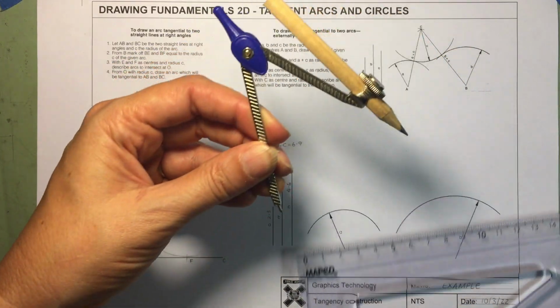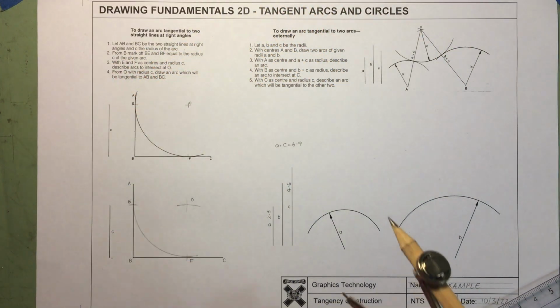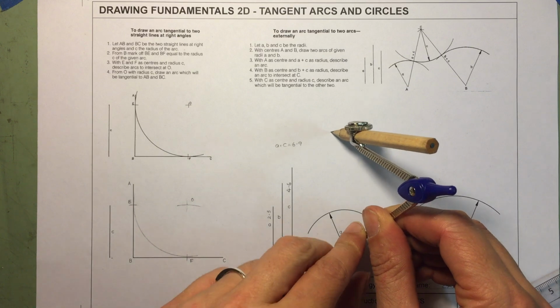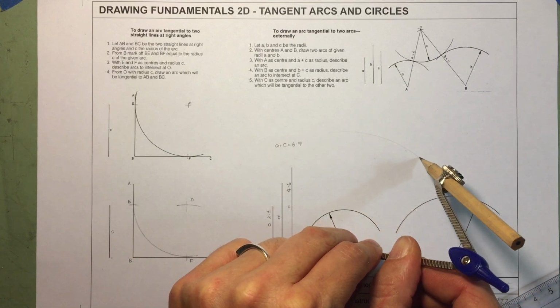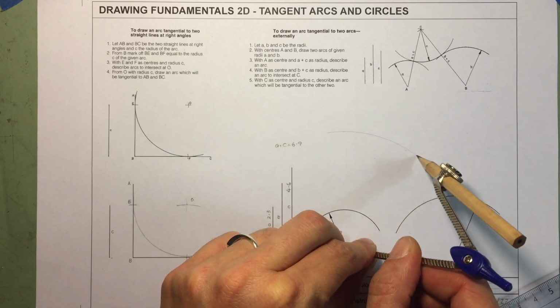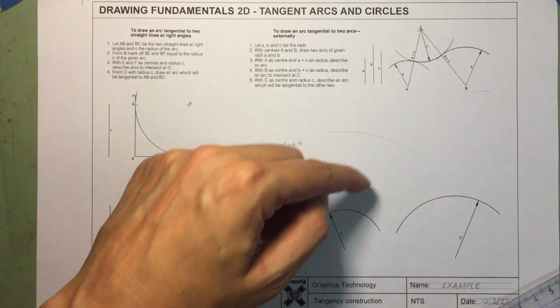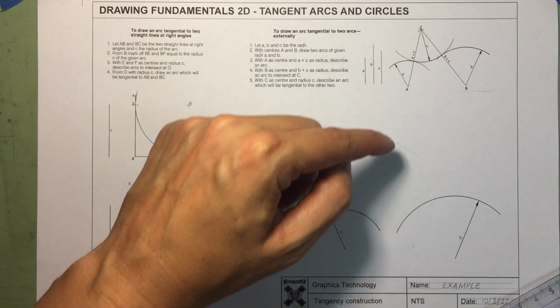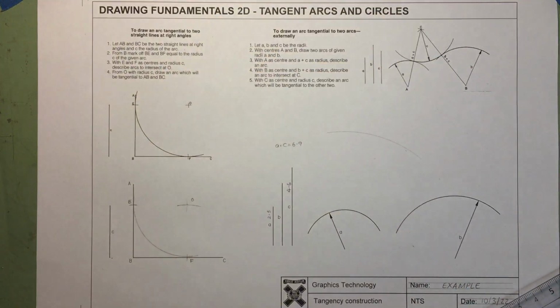I've set that to 6.9 now. Now I'm going to use this as my center point, and I'm going to describe a big arc somewhere up here. That is now the distance of C. Right there is C. So this is A and then C. So A plus C.